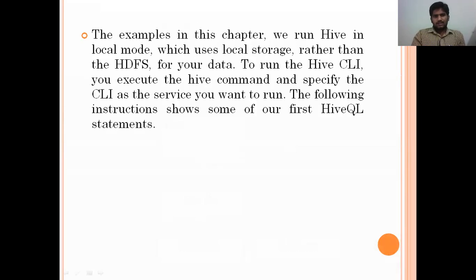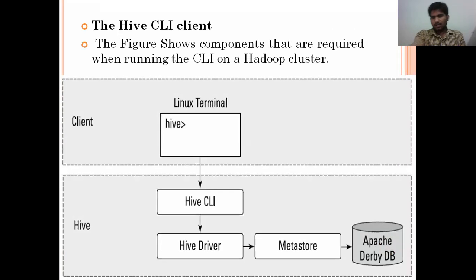In this particular example, we run Hive in local mode, which uses local storage rather than HDFS. So in this Hive CLI, the command line interface, we are not going through the Hadoop system.